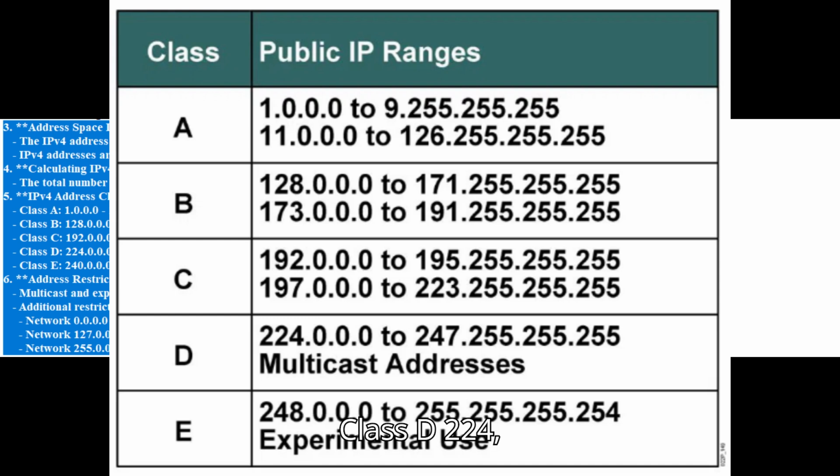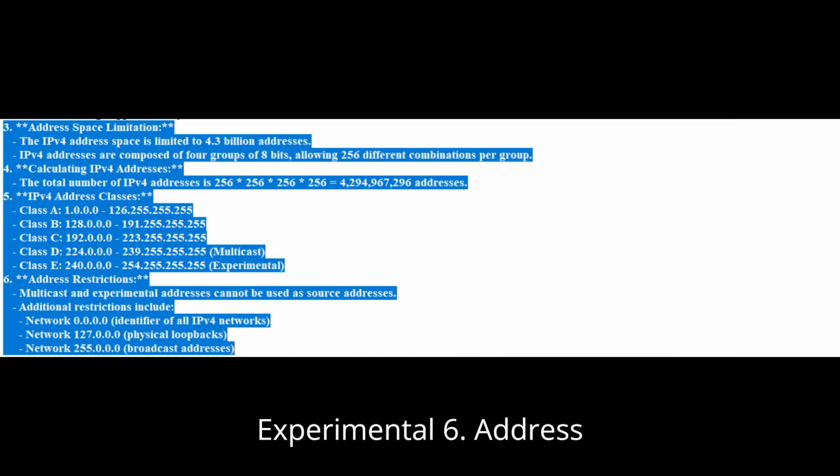Class D: 224.0.0.0 to 239.255.255.255, multicast. Class E: 240.0.0.0 to 254.255.255.255, experimental.